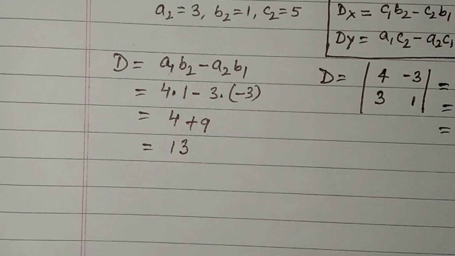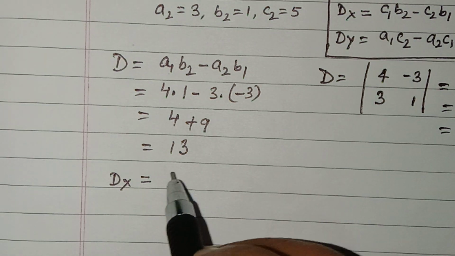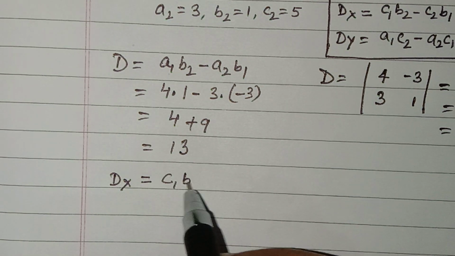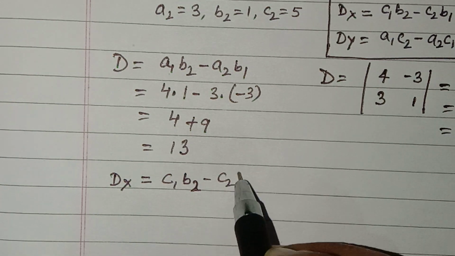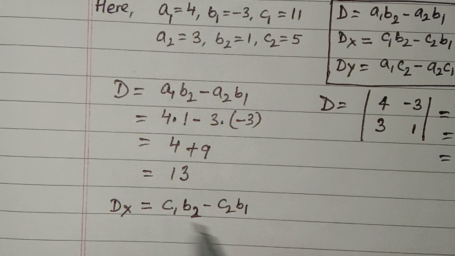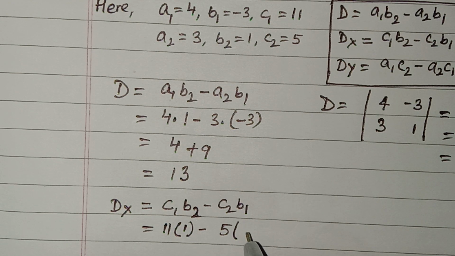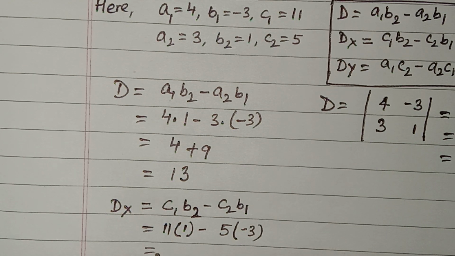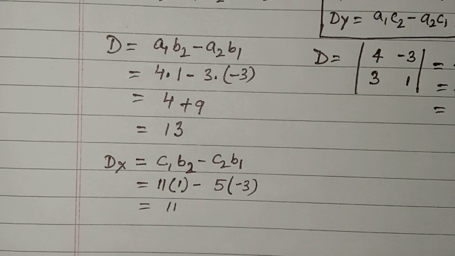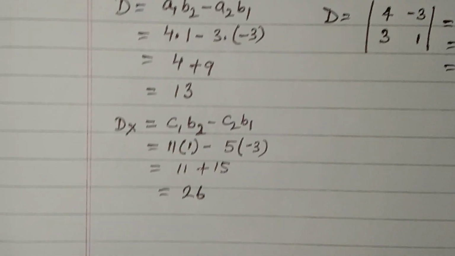Now let me find what is dx. dx is c1 b2 minus c2 b1, and here c1 is 11 times b2 is 1 minus c2 is 5 and b1 is minus 3. So it is 11 plus 15, which gives me 26.